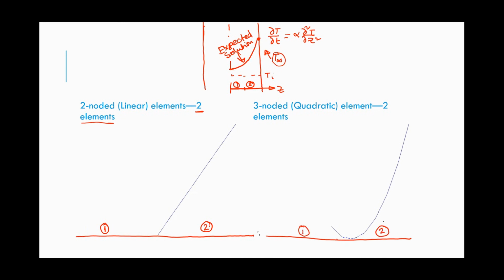So what's the difference between the two? On the left, I'll consider two-noded linear elements. So these elements will just have two nodes each. Whereas on the right, I'm going to consider three-noded quadratic elements. So here I have another node in the middle. So this is one element.